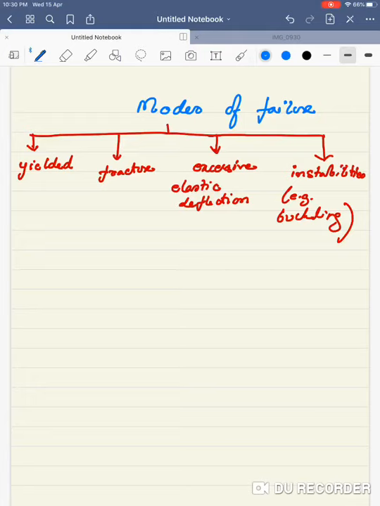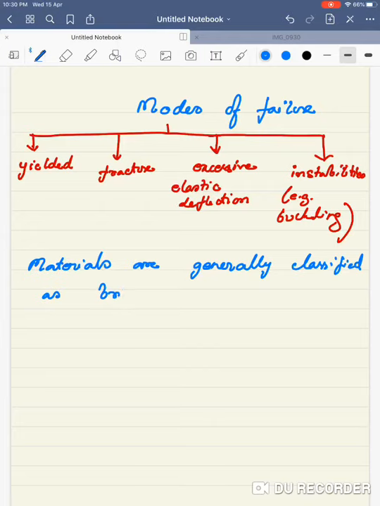Usually, when we classify materials in this regard, they are classified as brittle or ductile. Okay.